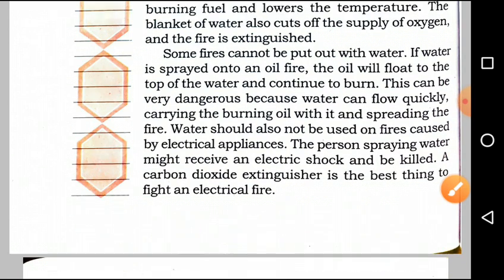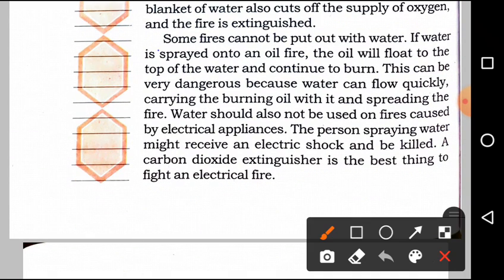Finally, some fires cannot be put out with water. If water is sprayed onto an oil fire, the oil will float to the top of the water and continue to burn. As you know, oil can float on water. So if somewhere oil is burning, and you pour more water on it, the oil will come to the upper surface of the water, and it will continue burning.